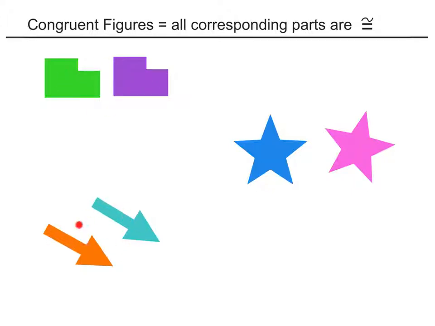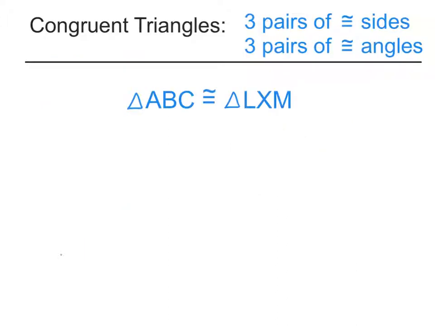Now this is maybe a reflection, maybe a translation, and this one's a little bit of a rotation and maybe a translation. So if you can say that one shape is absolutely a translation of the other, or a rotation of the other, or a reflection of the other, or some combination of that, then yes, you're going to have congruent figures because those three transformations keep all the corresponding parts congruent.